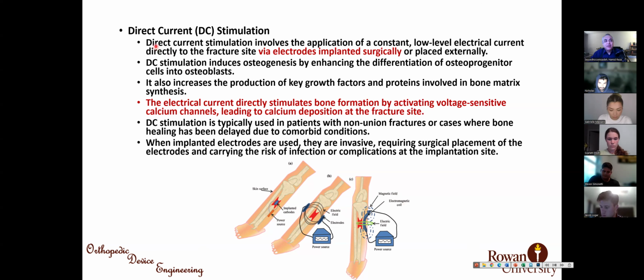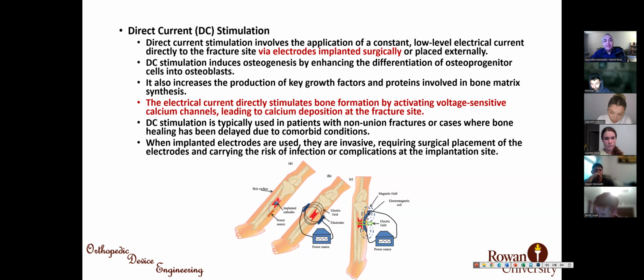The first one, direct current, in contrast to alternating current, uses electrodes that are implanted surgically inside the fracture site. So the first problem with this technique is that it is an invasive procedure.